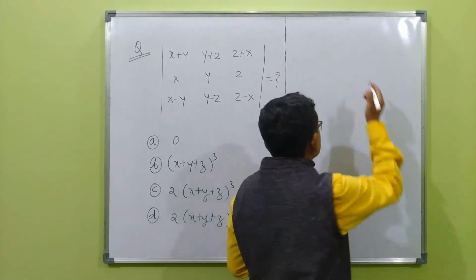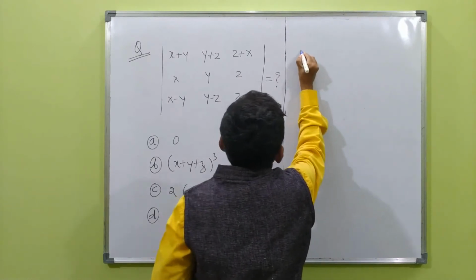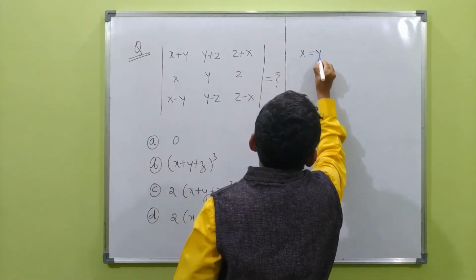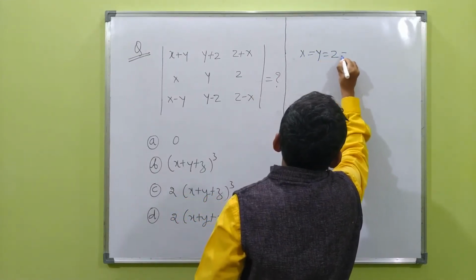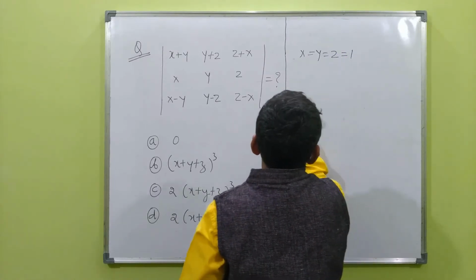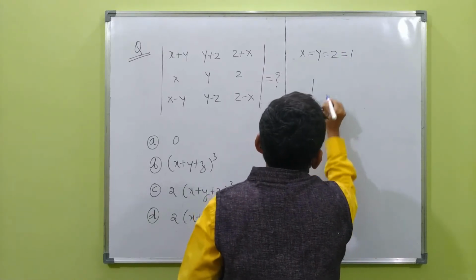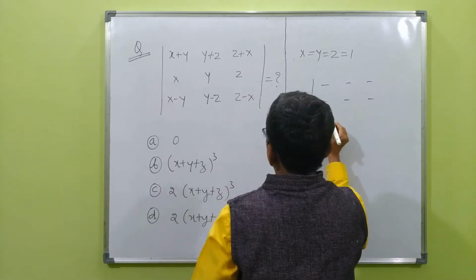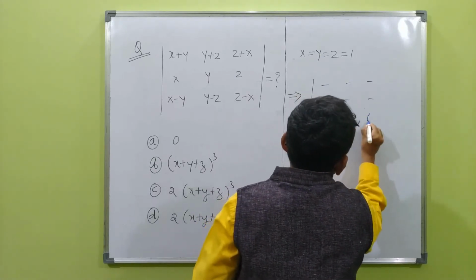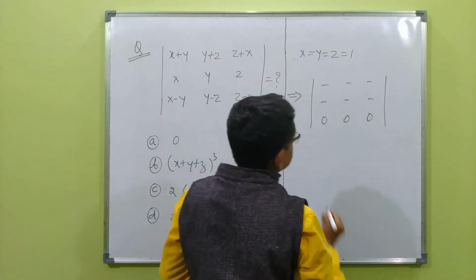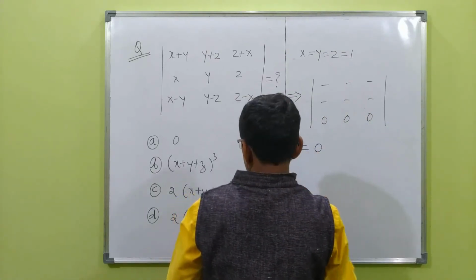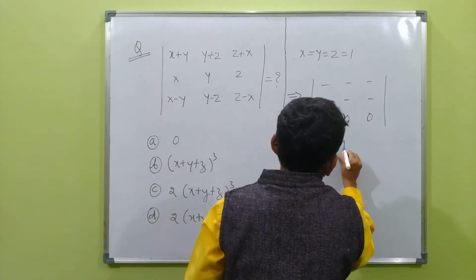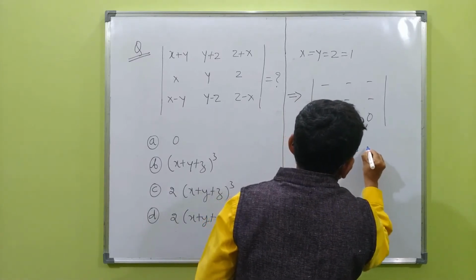Taking x is equal to y is equal to z is equal to 1, whatever may be the first two rows, the last row will become 0. So the answer will be 0. Answer is A.